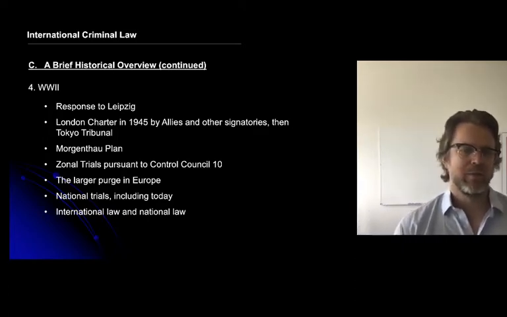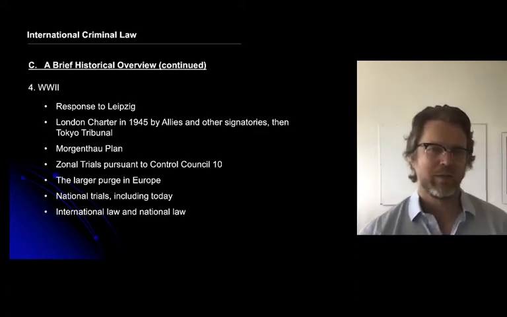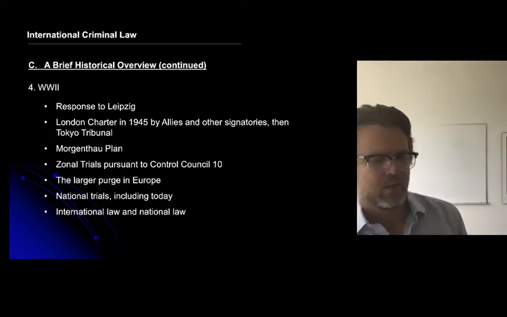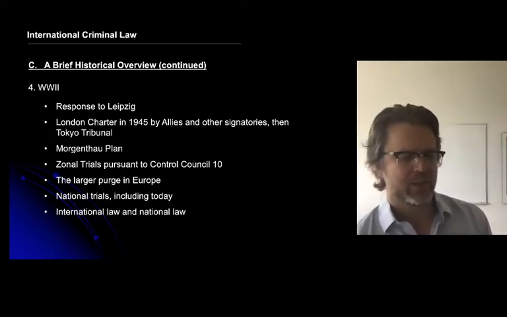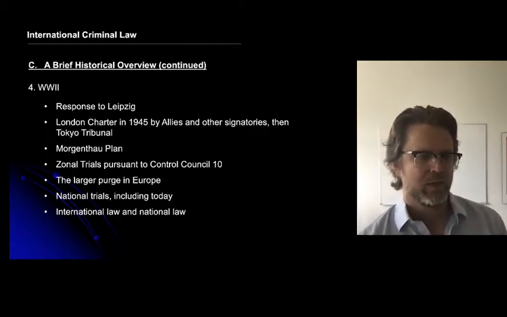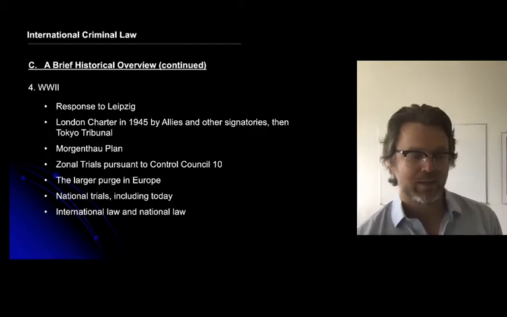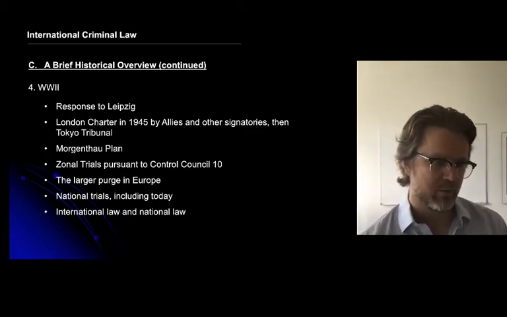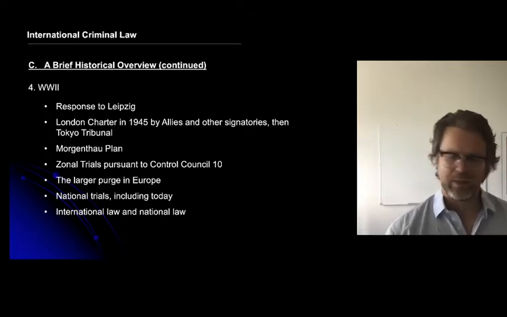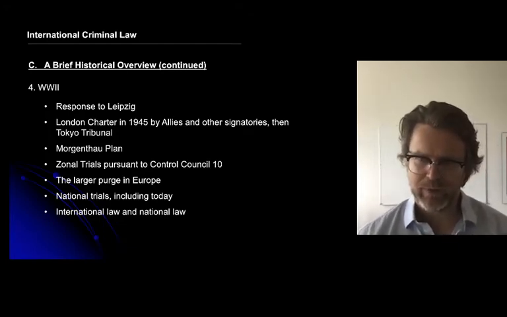But still, there was this dilemma that I don't think necessarily features so explicitly in subsequent iterations. Well, we can discuss that vis-a-vis the Rwandan genocide. But the dilemma is, well, what are we going to do with the people responsible for the atrocities?